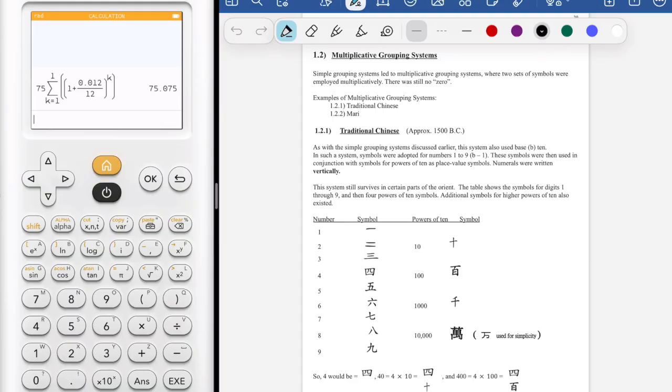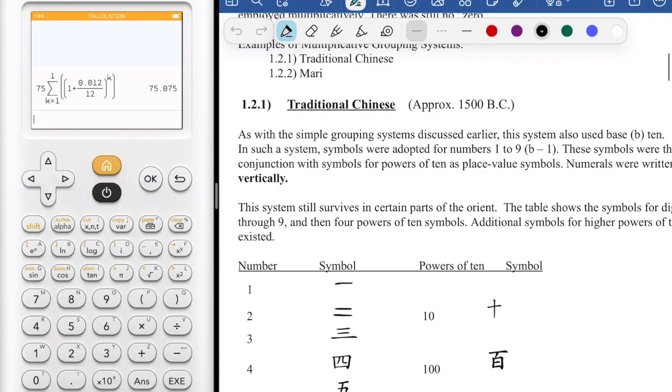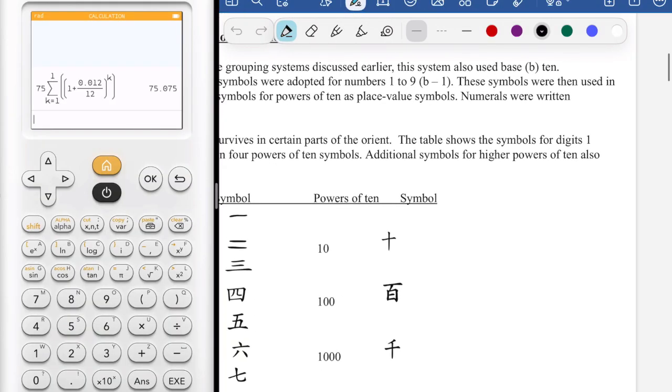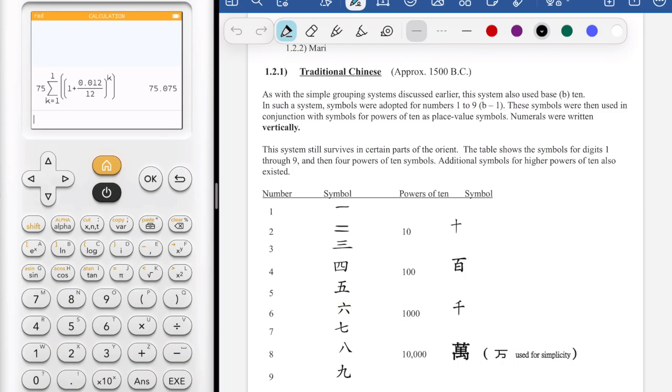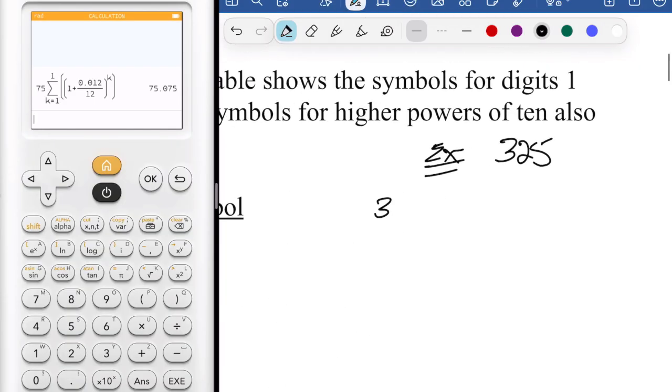Right? These symbols were then used in conjunction with symbols for powers of 10 as placeholder symbols. Numerals were written vertically, right? So just to give you a little refresher, if I have the number 325, we've been thinking of that as 3 times 100 plus 2 times 10 plus 5.